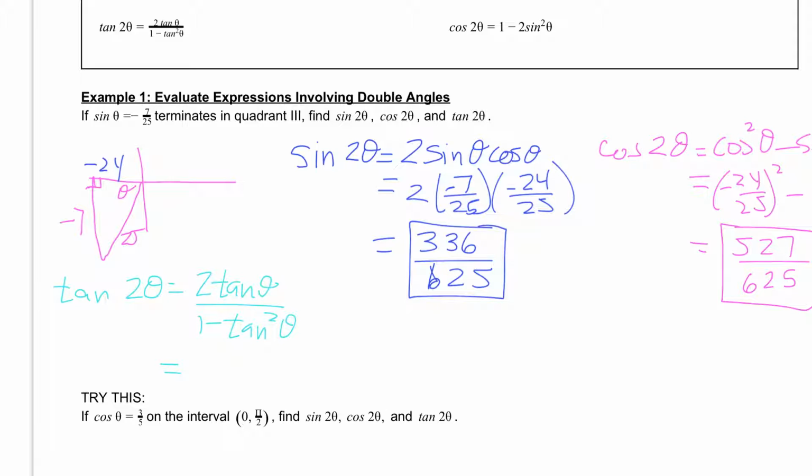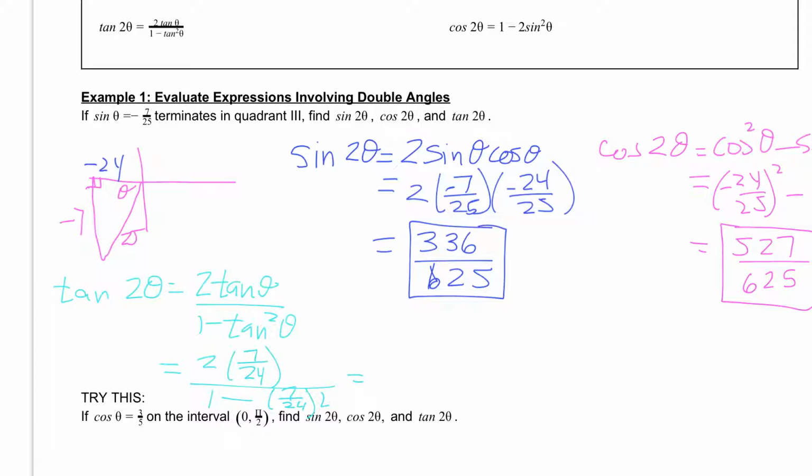So 2 times the tangent of theta, so the tangent's going to be the opposite over the adjacent. So negative 7 over negative 24, which will become a positive. So this is positive 7 over 24, divided by 1 minus 7 over 24 squared.